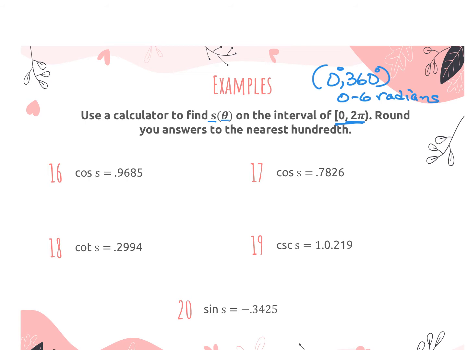So now let's go ahead and try our first example. For 16 and 17, there's actually a cosine button on your calculator. Remember, whenever you're looking for an angle measure, we're doing the inverse. So this is where you're going to hit your shift key or your second key.